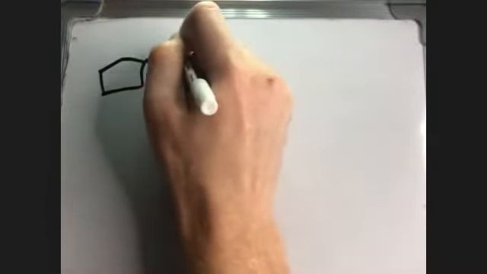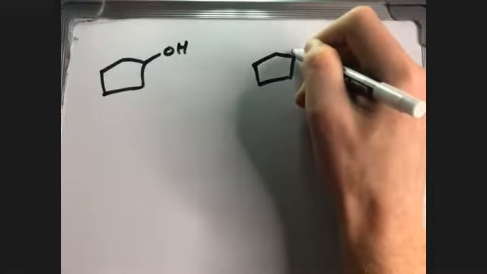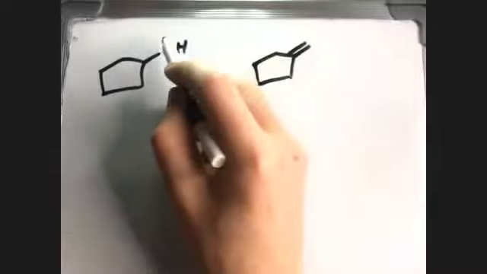So the question is, how would we distinguish these two based on IR? And there are a lot of answers that you could say. The first thing I noticed is we have an OH group, right?